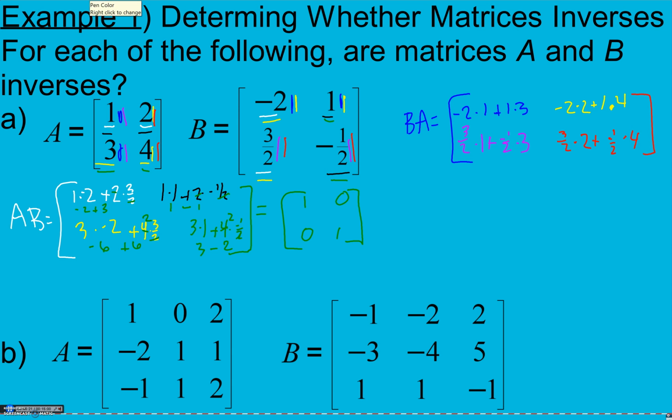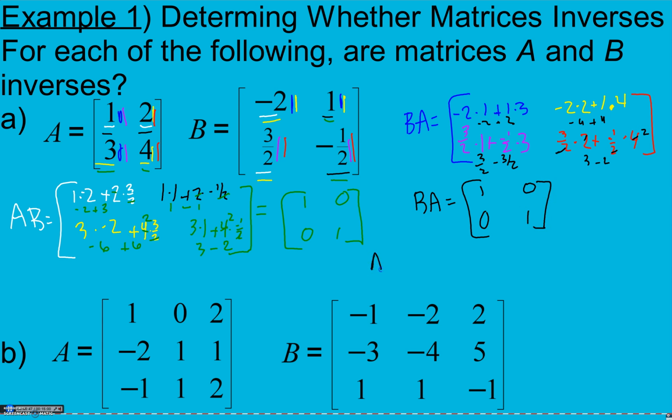Simplify here. Negative 2 plus 3, 1. Negative 4 plus 4, 0. 3/2 minus 3/2, 0. And 3 minus 2, 1.